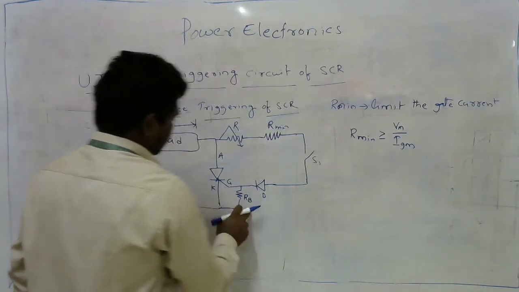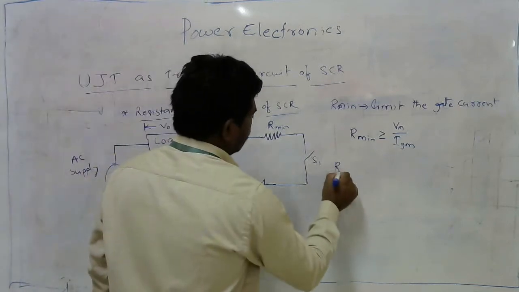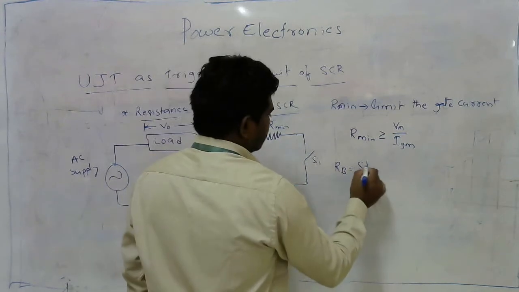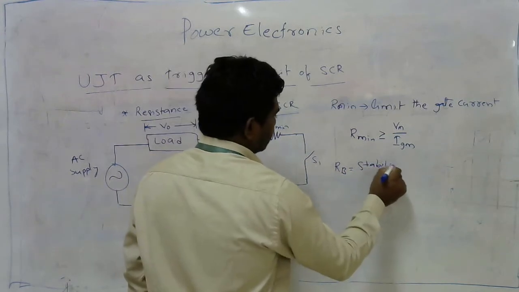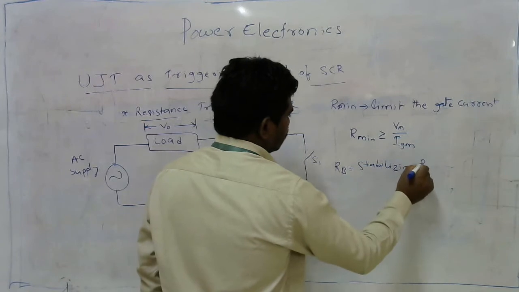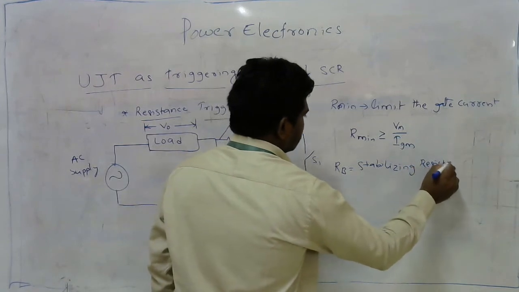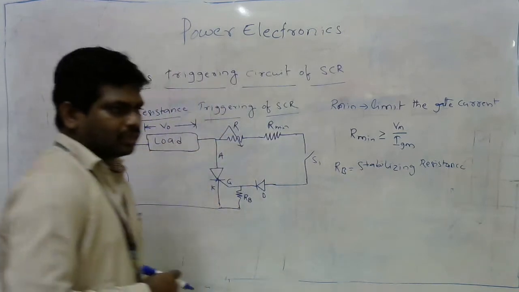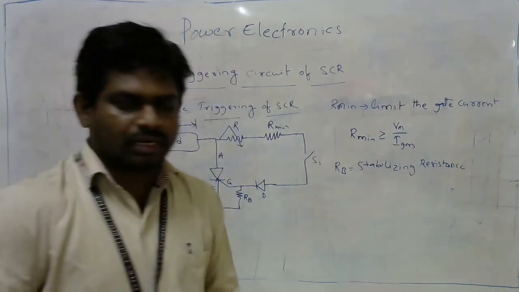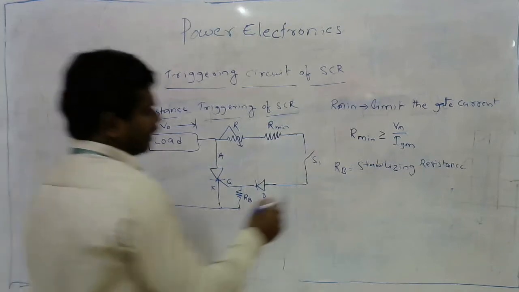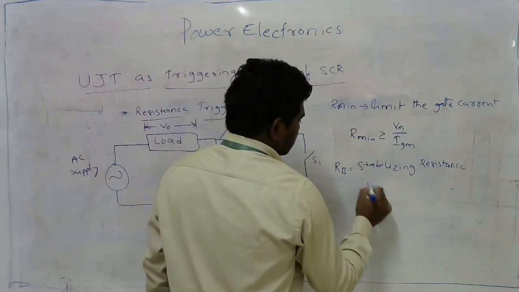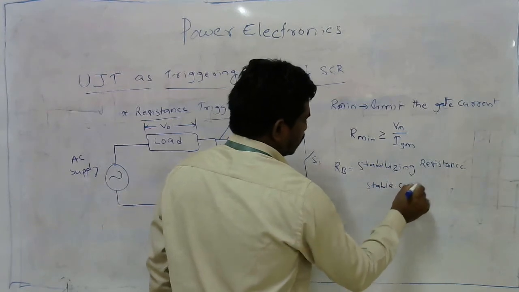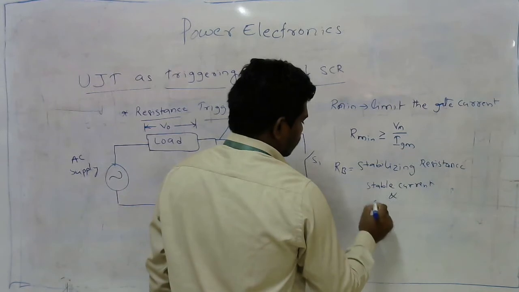Then let us see the RB. RB is a stabilizing resistance. Stabilizing resistance means it will provide constant current and constant voltage values for the gate terminal: stable current and stable voltage.